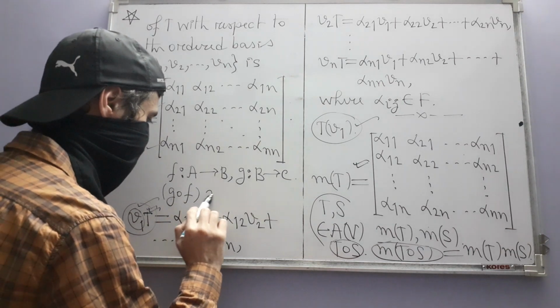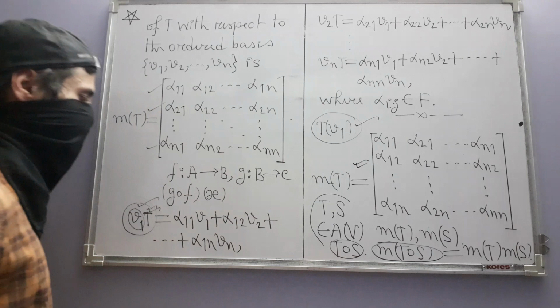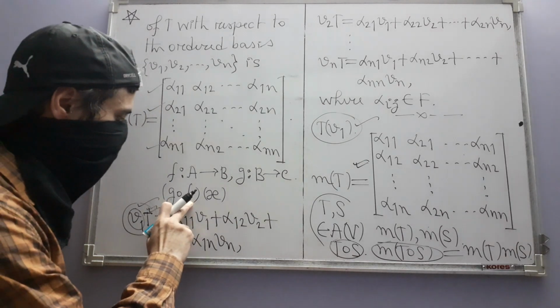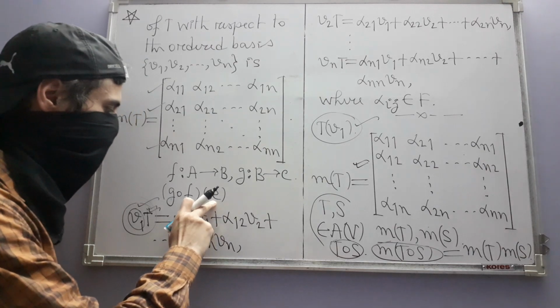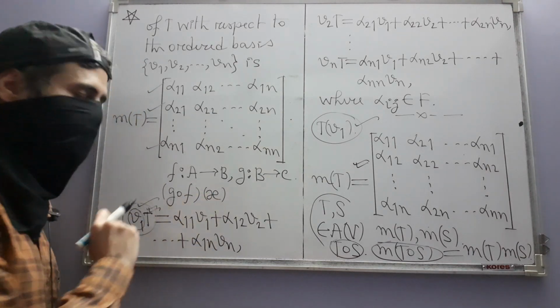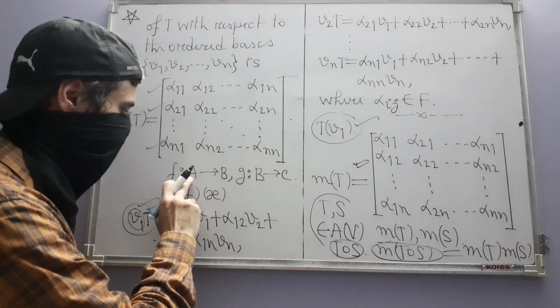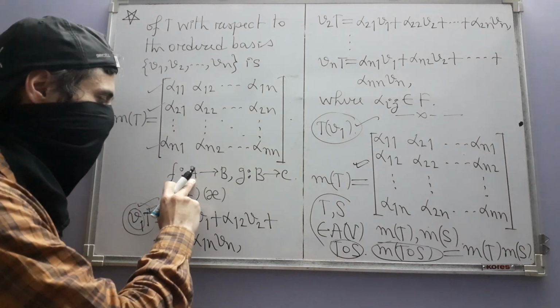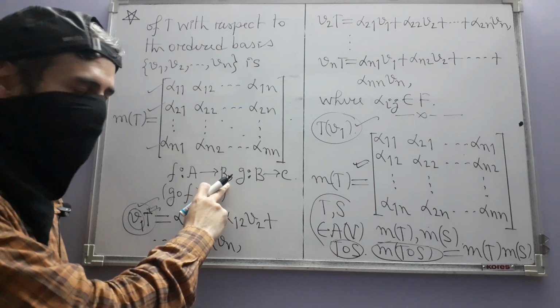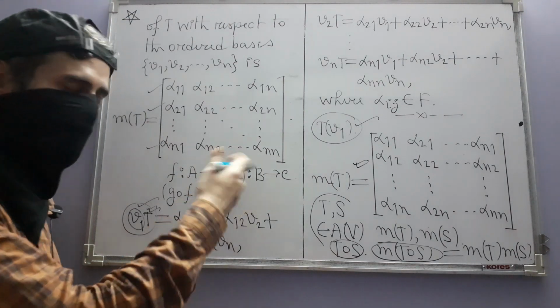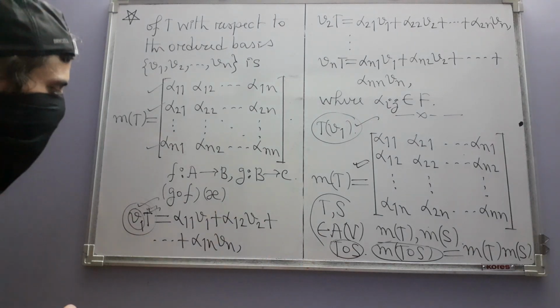That's because they write arguments to the right of the function. So they can apply F first and then on Fx they apply G, which makes sense because first we apply F to the elements of A, that takes us to B, and then on those images we apply G, and that takes us to C.